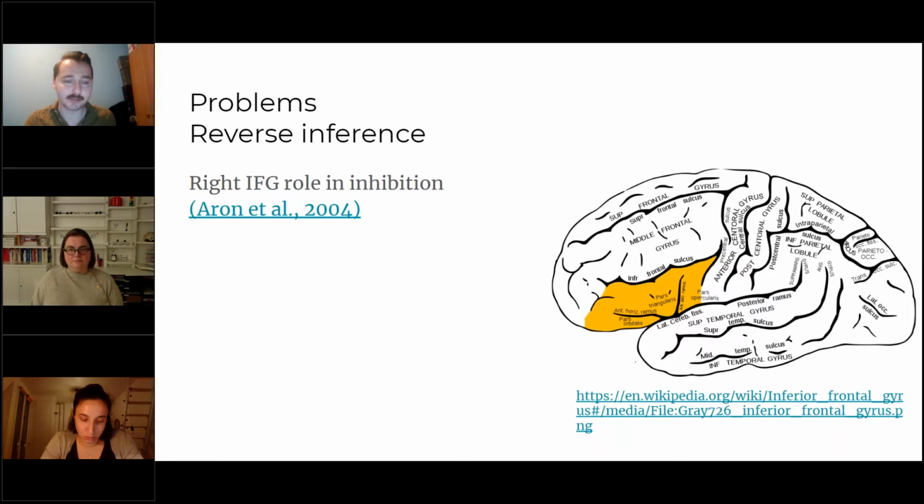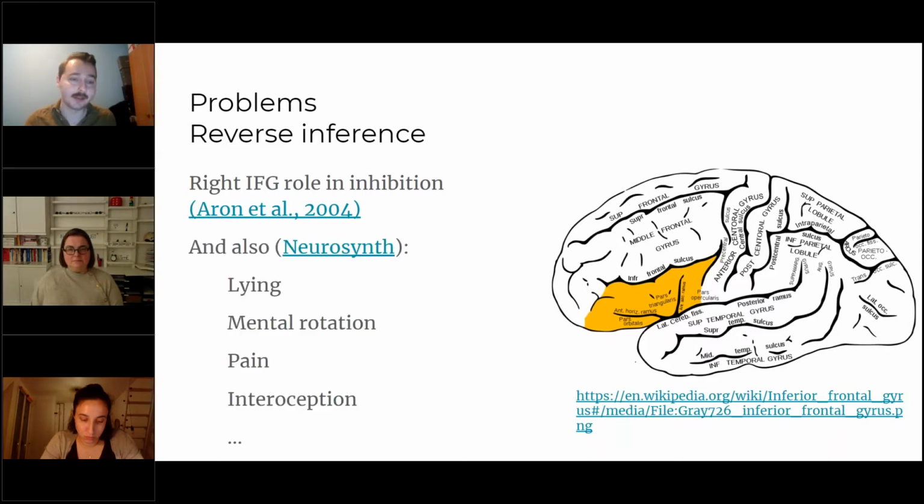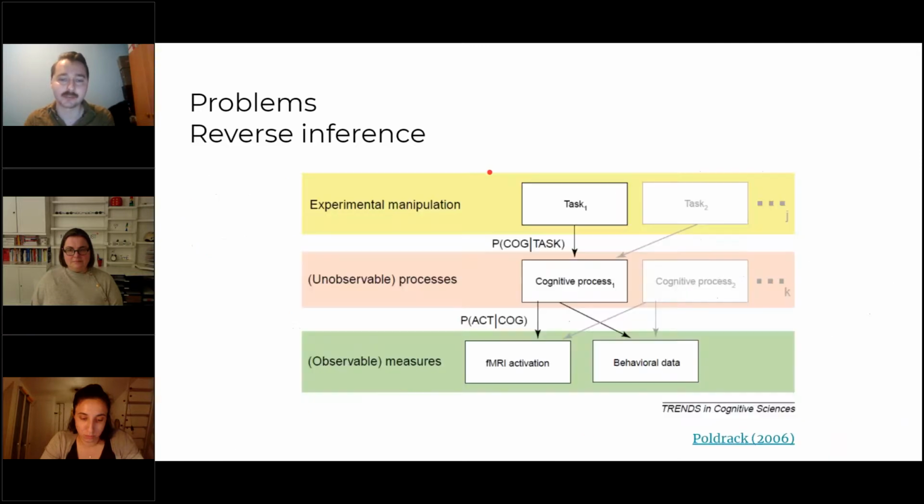And if I do a bit of digging, which I've done, I can also find that the right inferior frontal gyrus is activated when people lie and tell untruths, when people mentally rotate objects, when people feel pain, when people engage in interoception, and a whole bunch of other things as well. So really, I can't tell which specific aspect of this is the most important. I can't really tie any of this to any specific cognitive function. So you have to be careful when you make this kind of inference.